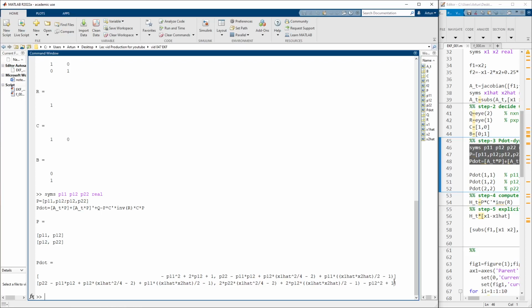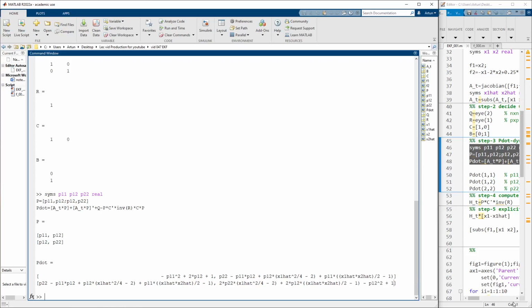So 2 plus 3 equals 5, and we also need to have our observer dynamics, x1 hat and x2 hat. So 2 plus 3 plus 2 equals 7. It's going to be a 7-dimensional system, the general system that we are going to simulate by using ODE45.